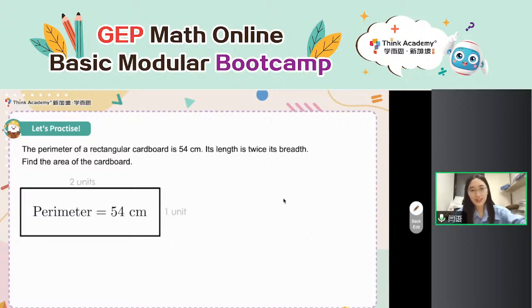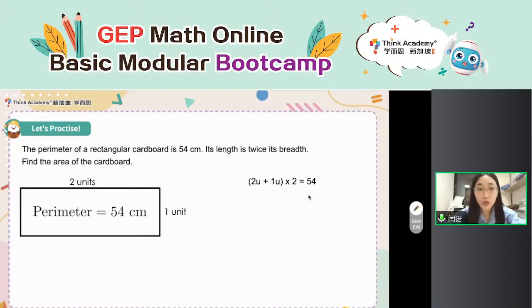Well, let's check together. Firstly, according to the information given by the question, we know that the breadth can be set as 1 unit, right? And what about the length? The length is 2 units, right? So following this, how can we figure out 54 centimeter? That is 2 units plus 1 unit, and then you times 2, then you can get 54, right?